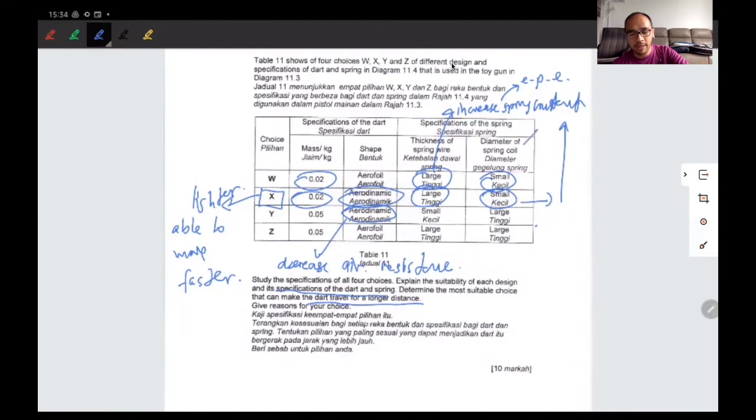But the thickness of the spring wire definitely, the wire itself must be big, to increase the spring constant. The diameter of the spring coil means the spring itself, the coiled part. Do we want a big diameter or a small diameter? Let me come back to you after we finish this.